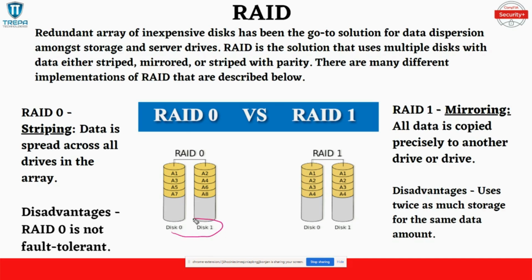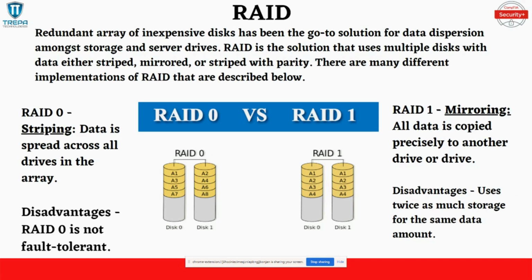So if we have two disks here, your computer, your system is going to recognize this as one storage area, and that'll maybe be like your F drive or your G drive, right? RAID has many different ways of creating redundancy among your drives. So we can see here we have disk 0, disk 1, and there's 8 drives amongst them both. So how do we create redundancy amongst those drives?